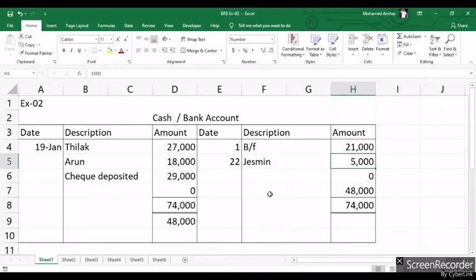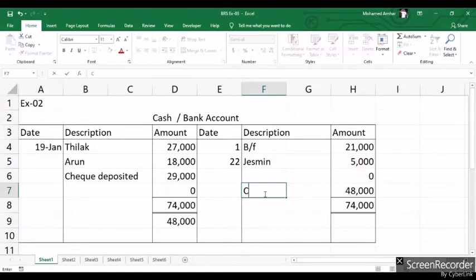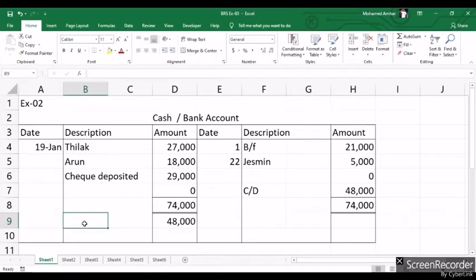So the carried down balance is 48,000, and bring that balance here as brought forward. So the brought forward balance is also 48,000.